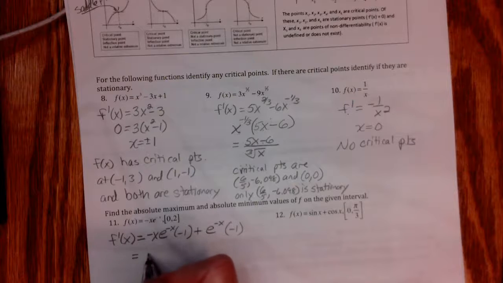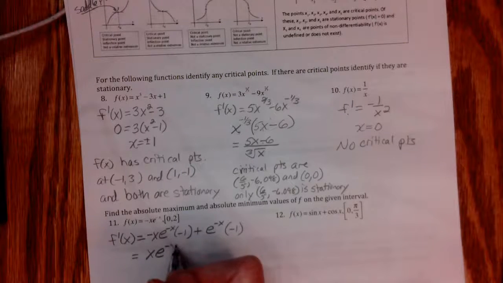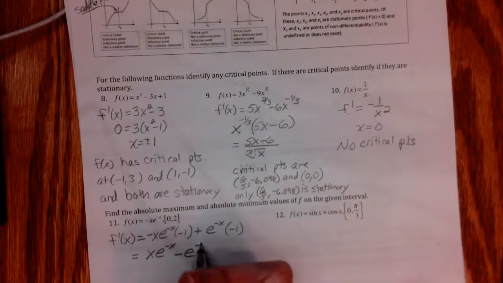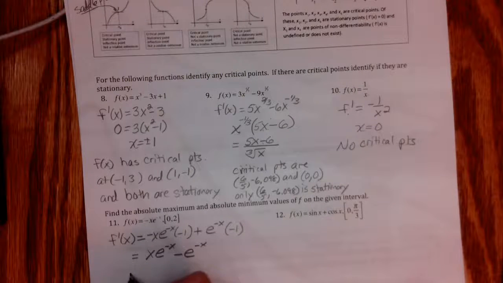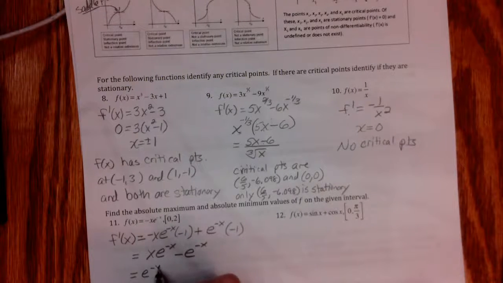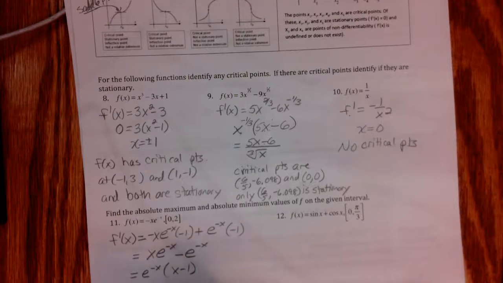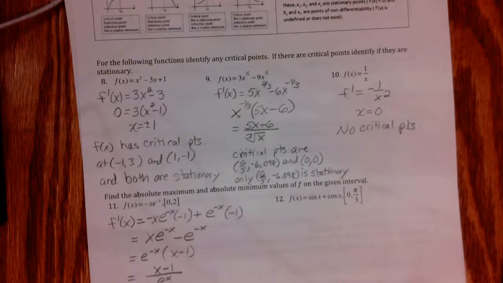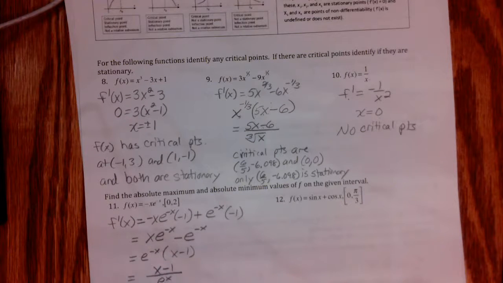Doing some simplifying, I get it down to x e to the negative x minus e to the negative x. Factoring out that e to the negative x, we're left with x minus 1. Doing a quick rewrite to identify any critical values, we have this fraction. x equaling 1 is critical, it makes the numerator 0. The denominator is exponential, it will never be negative.